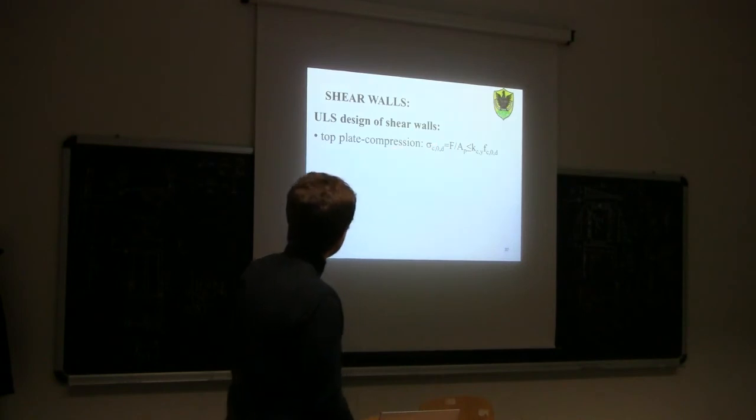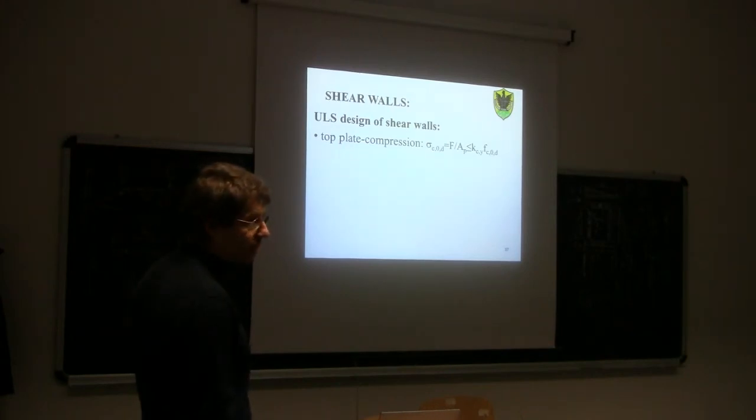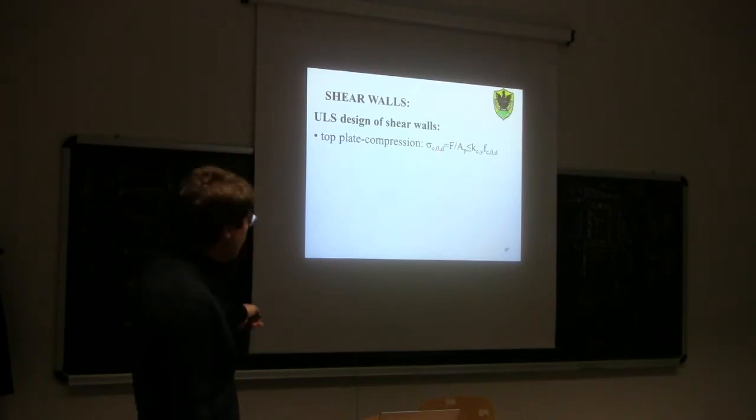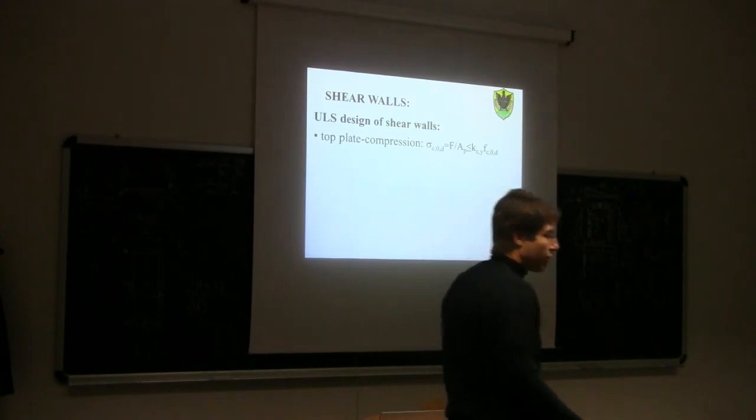Now, different verifications. Top plate. The top plate, now we consider the gravity load, but if you remember, the top plate was unloaded under gravity load. So the top plate will be checked in compression parallel to the grain, sigma c,0,d. So sigma c for compression, 0 parallel to grain, d design, will be given by F, the maximum force here, over Ap, where Ap is the cross section of the plate.